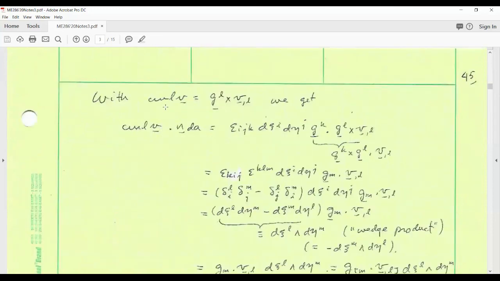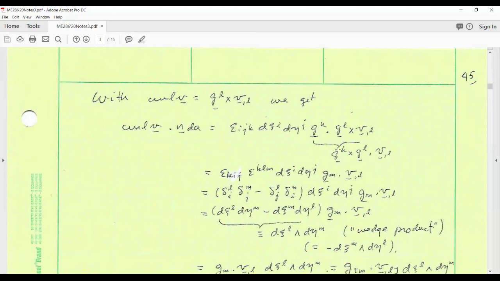Okay, so let's have a look at what happens with Stokes theorem. We'll use this representation for curl V, the three-dimensional vector curl V, dotted with n as required in Stokes theorem. Here is our n dA, which is just epsilon_ijk d psi^i d eta^j g^k, and then dot with the curl of V right here. This again is a scalar triple product, so I can interchange the cross and the dot.